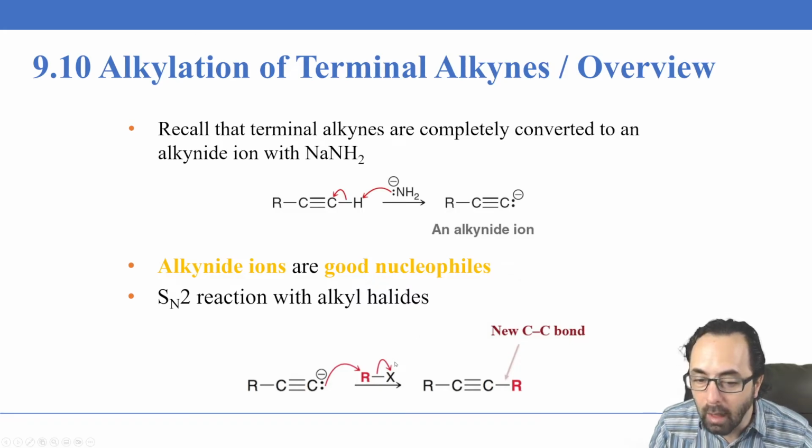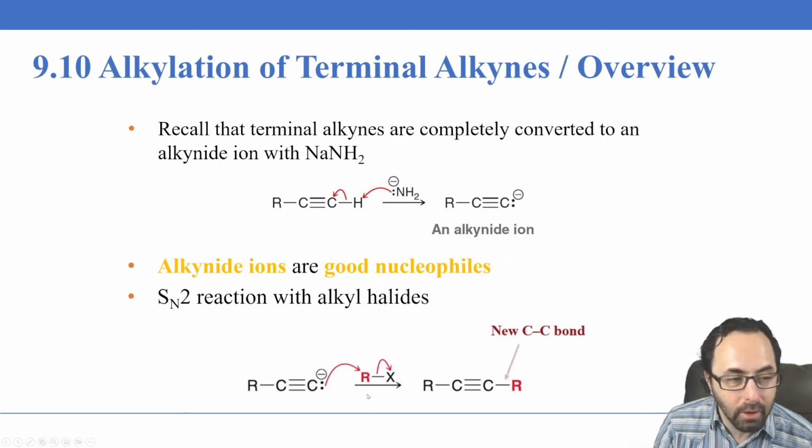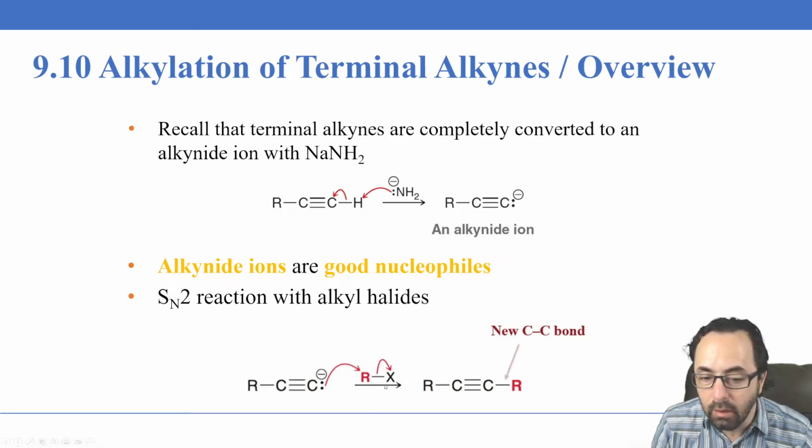So if we have some alkyl halide, this alkynide ion can behave as a nucleophile, and for the first time in all of our reactions, we can add additional carbon atoms to a molecule that already has carbon atoms, as long as it's an alkyl halide or has some kind of good leaving group. It doesn't necessarily need to be a halogen. It could be, for example, cyanide or something that leaves very nicely.